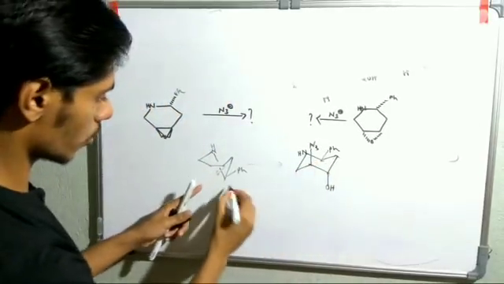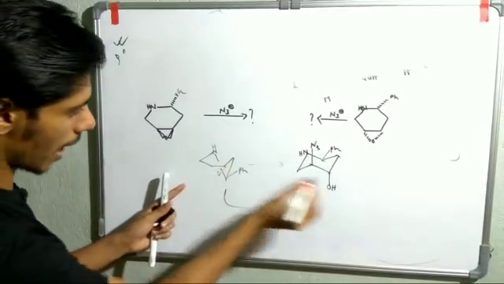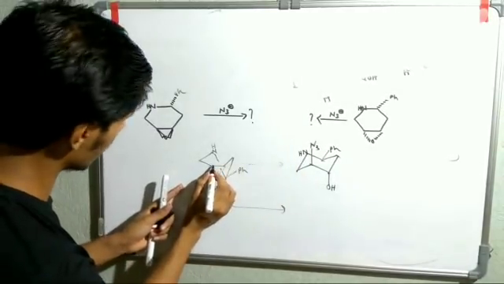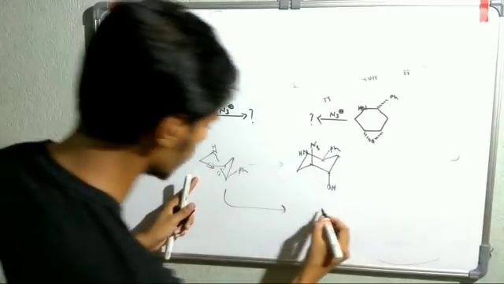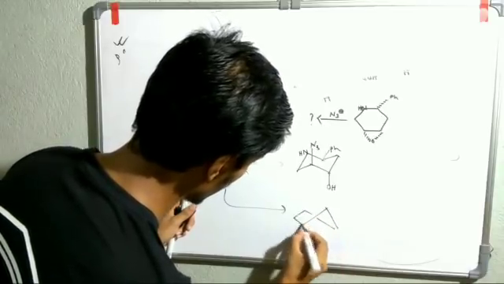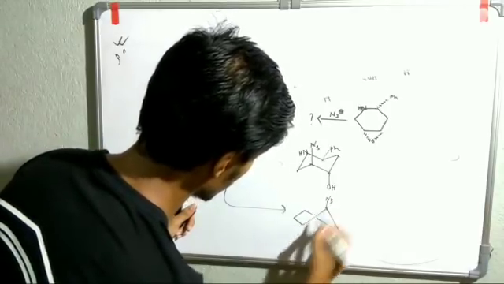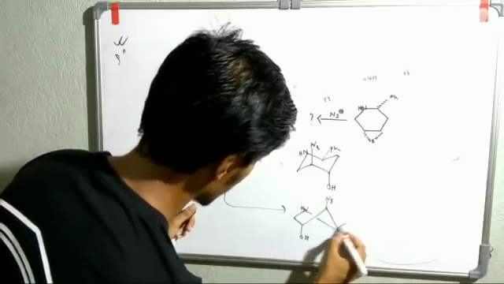So this can be your product. This is the product when your azide is attacking here, but when your azide attacks here, what will be your product? So in this case your product will be a boat form, right? So here you have N3, here you have OH, here you have this NH, and here you have Ph.